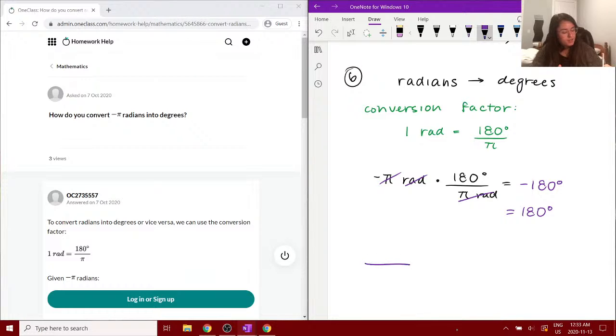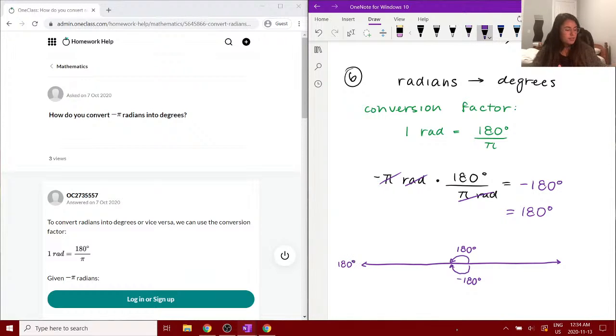We can also say that negative 180 degrees is just equal to 180 degrees. And that's because if you were to look at a straight line, which is what 180 degrees is, going around 180 degrees in the positive direction, or if you were to go around in the negative direction, minus 180 degrees, you will end up at the same point, okay?